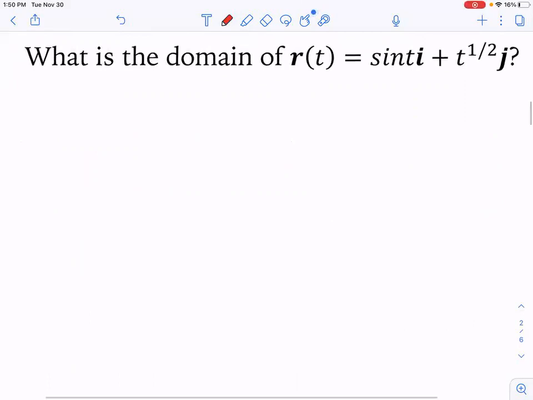Okay, write this down. We're gonna talk about this. How do we determine the domain of a vector valued function? Let's start with looking at each piece separately.